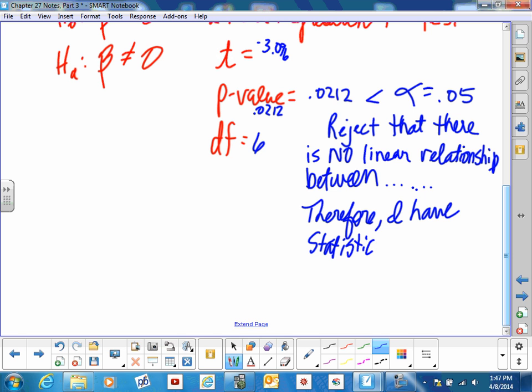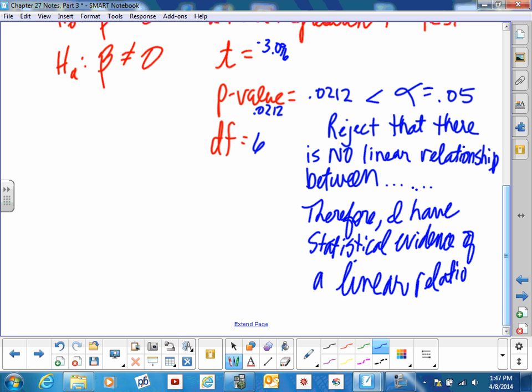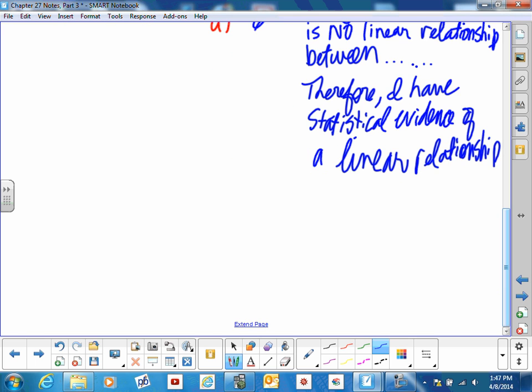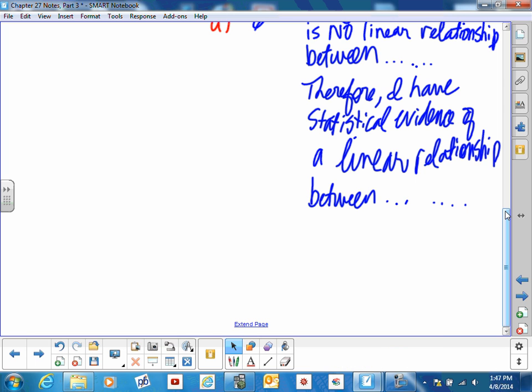Statistical evidence of a linear relationship. That's what we're getting at. Not just a relationship, but a linear relationship between image quality and time for all those people who spend a lot of time at the computer monitors. Okay? All right. That is a phantoms model without the A.